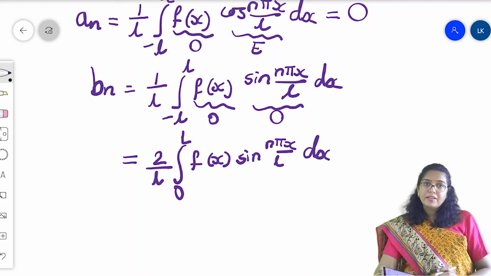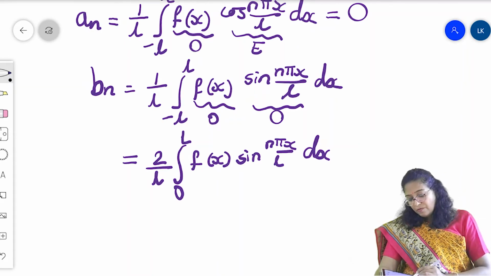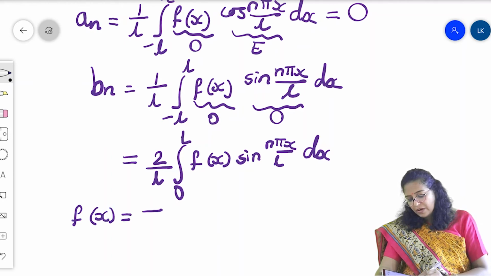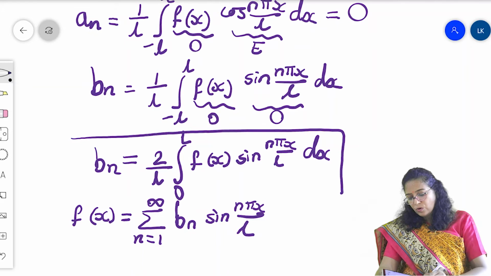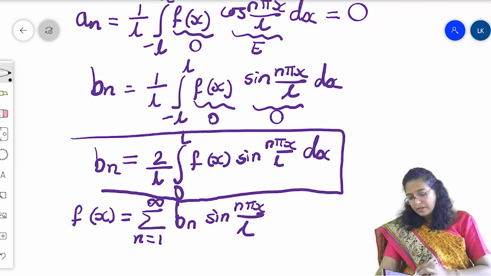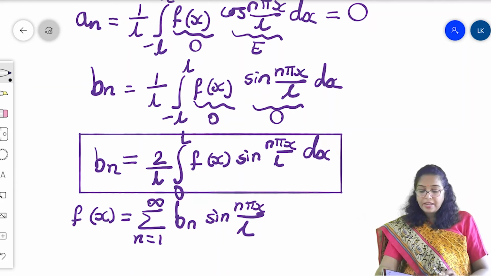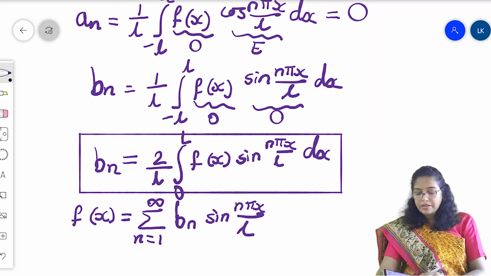That means finally, if f(x) is an odd function, then the Fourier series for an odd function is f(x) equal to only summation n equal to 1 to infinity bn sin(n pi x upon L), where the value of bn is 2 upon L integral from 0 to L of f(x) sin(n pi x upon L) dx.